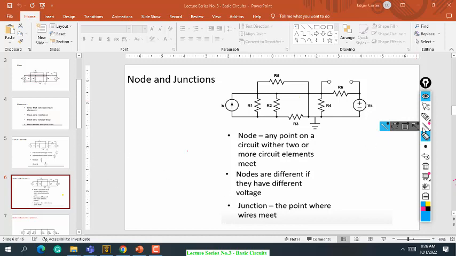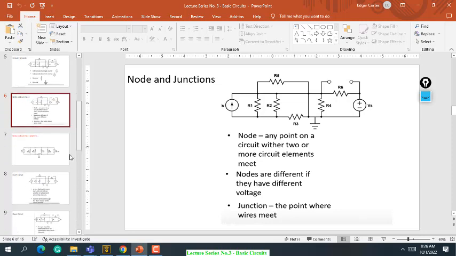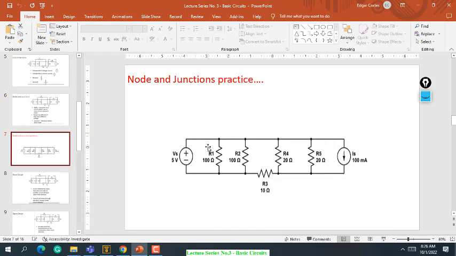Let's have some exercises to refresh the concepts of basic circuit analysis. We are familiar that wires are the lines that connect the circuit. These are the wires.